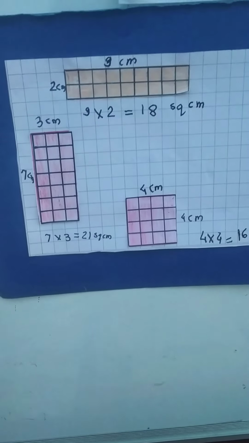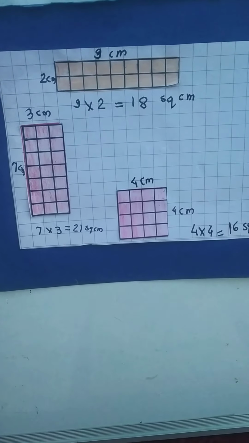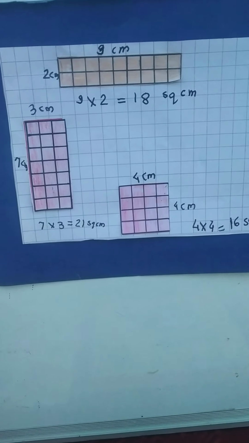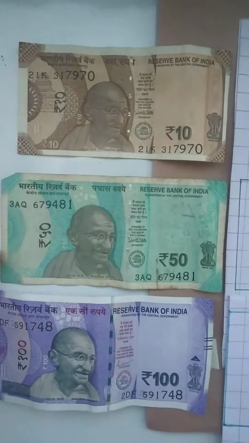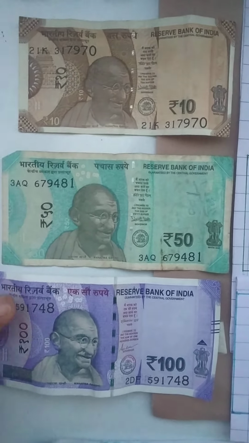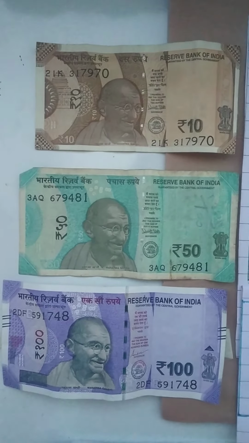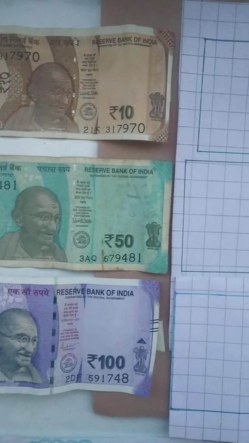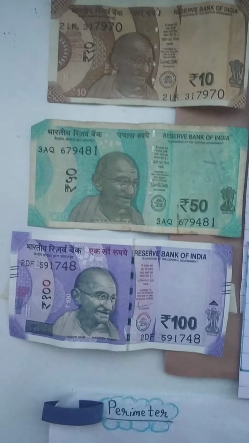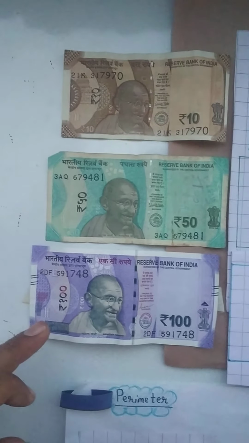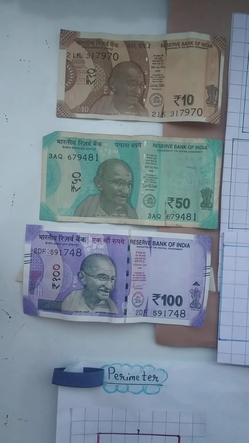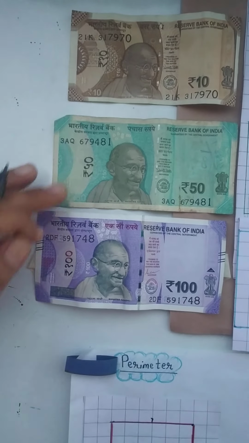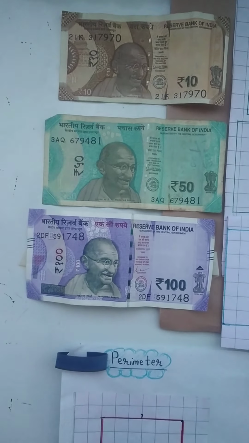Okay, children? Now, we can also compare the areas of different shapes. Let's have something interesting. We all have money at our home. Now tell me, which shape is having bigger area? You just guess. Yes, I know. You found the 100 rupee note is having the biggest area, and the 50 rupee note is having smaller area than 100, and the smallest one is the 10 rupee note.